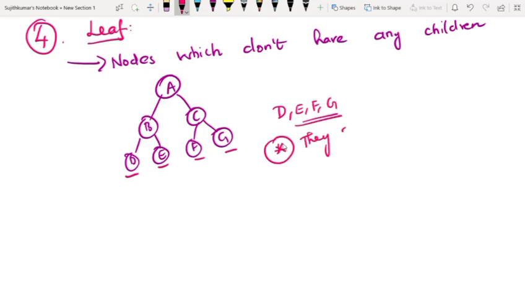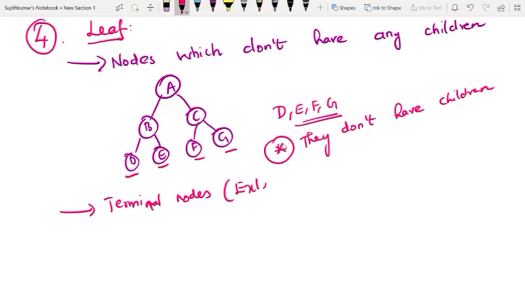Those are the last nodes. They are also called terminal nodes. They have another name also, called external nodes. And that's the fourth concept.